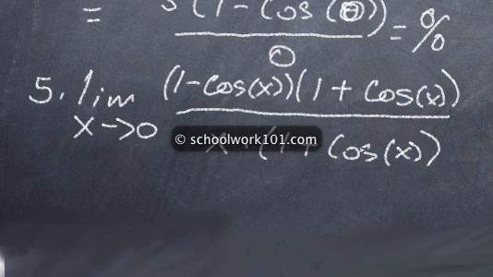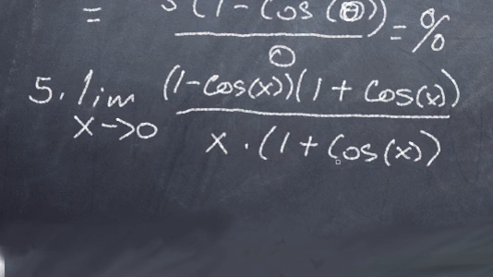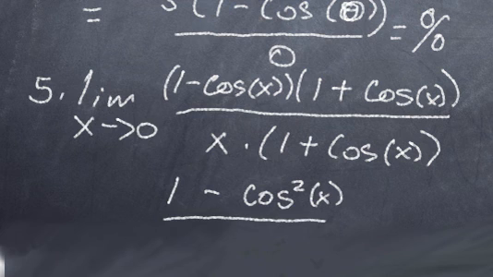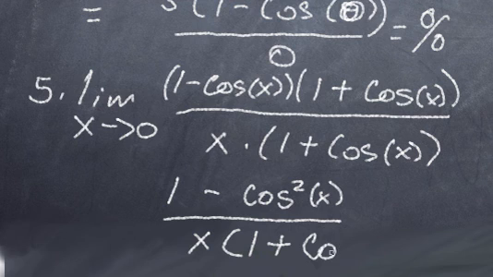Okay, so now I'm going to multiply the top, and you're going to end up getting 1 times 1, which is 1, and 1 times cosine x plus negative cosine x times 1, which are going to cancel out, and then you end up with minus cosine squared x over x times 1 plus cosine x.